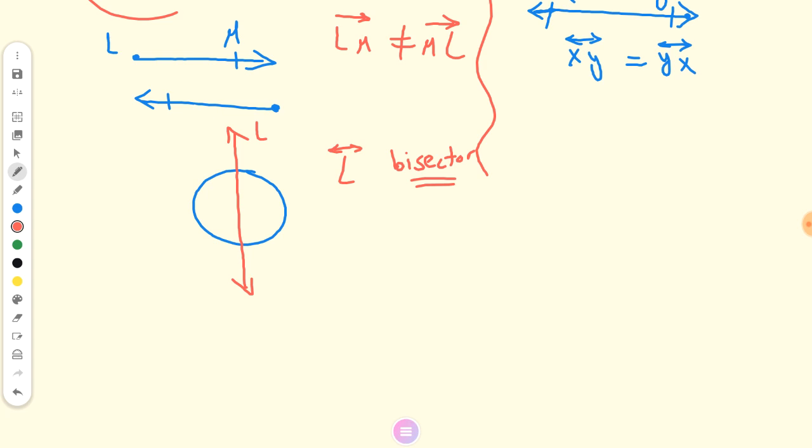What about a segment bisector? It is the same. A segment bisector is a segment, ray, line, or plane that intersects the segment at its midpoint.